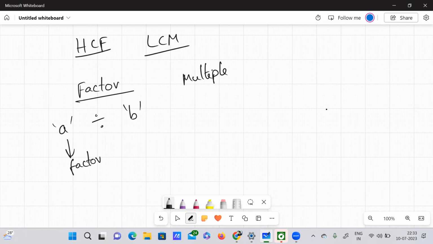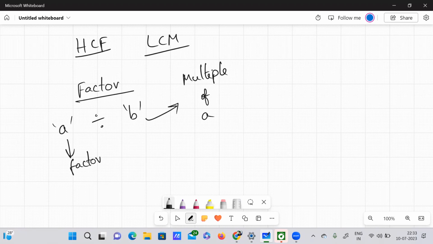Okay. And what is B here? B is nothing but a multiple. So we call B a multiple of A. Got it? So here A is a factor and B is the multiple of A.